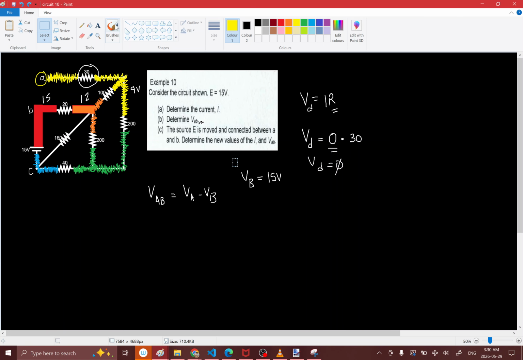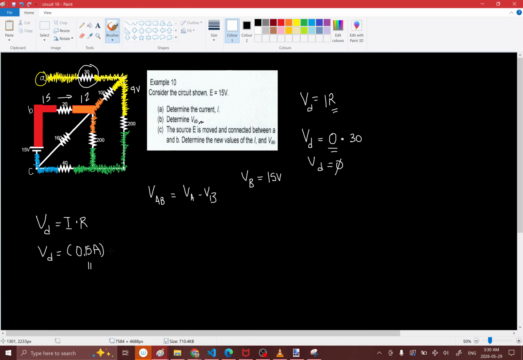Okay, so from the previous question that we did, we know that the current moving through this resistor here is 150 milliamps. So the voltage drop across that resistor is equal to the current moving through it times the resistance. The voltage drop across that resistor is going to be equal to 0.15 amps, also known as 150 milliamps, times the resistance value.